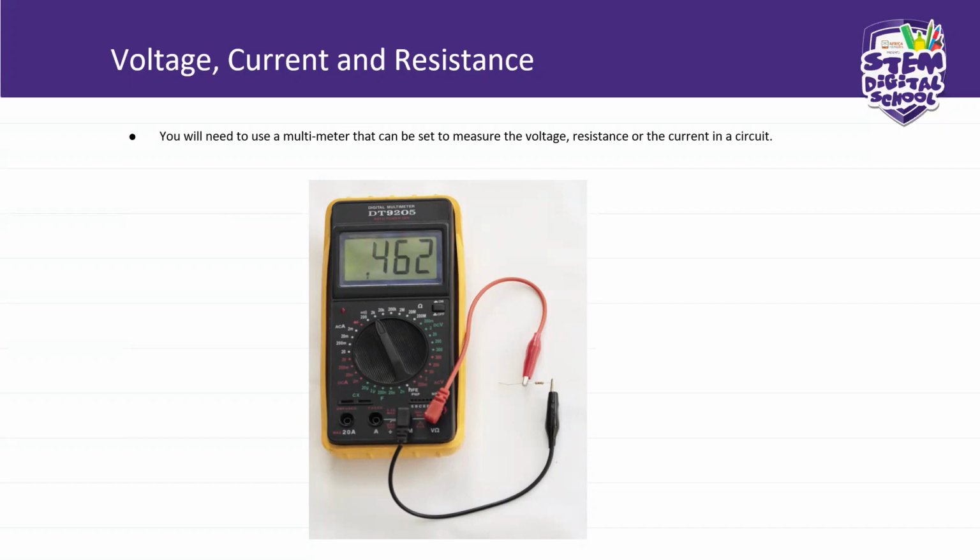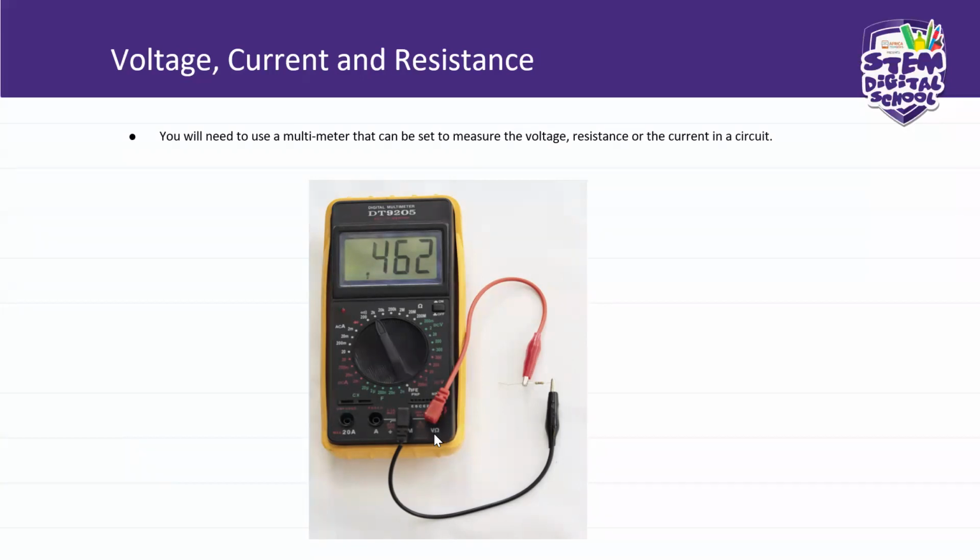When you look at this, you will see it's holding a resistor. The red lead is attached to that port, which has a symbol for ohms.